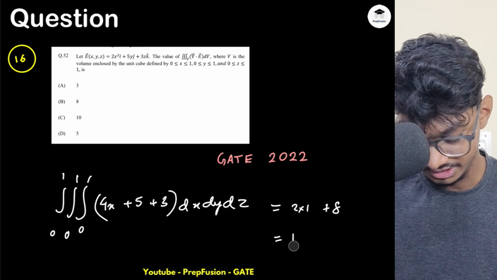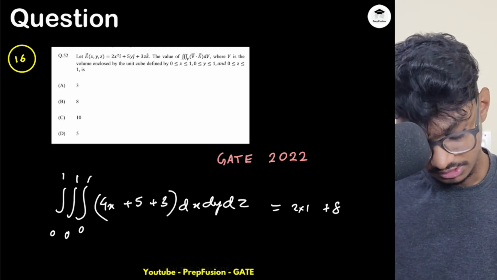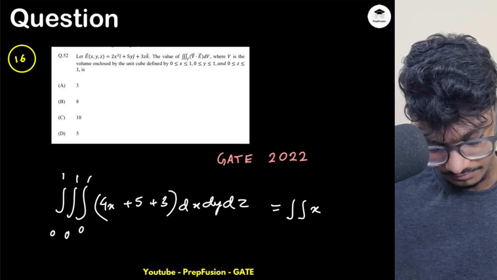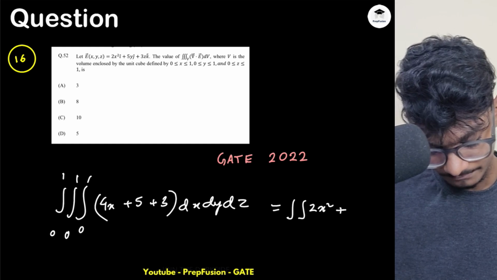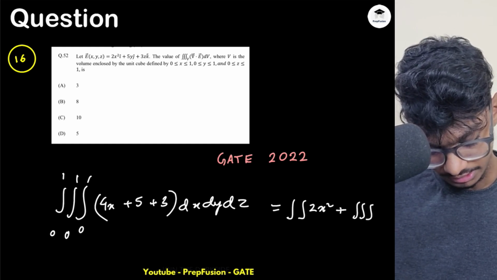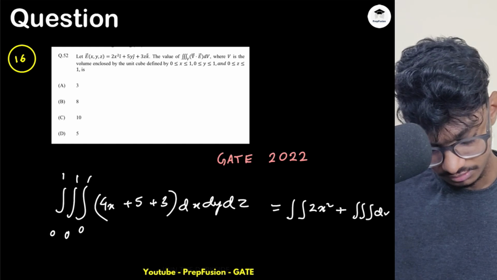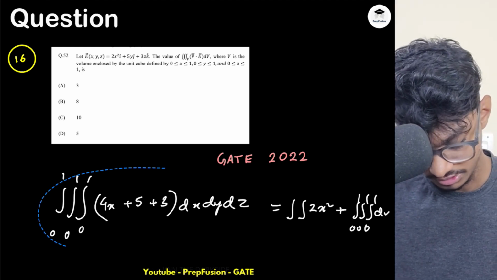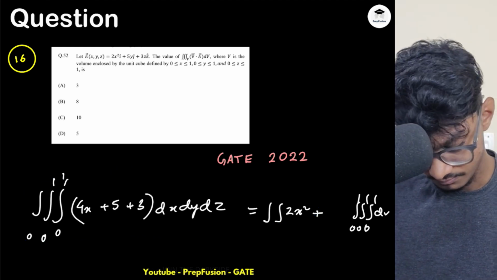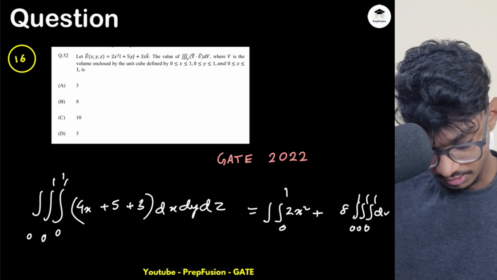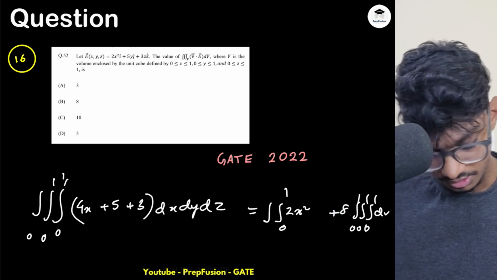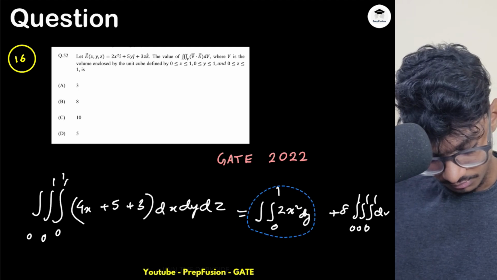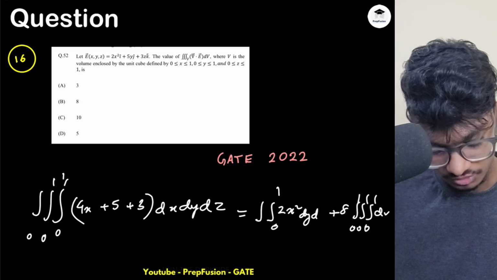I have just done it a bit fast, so I'll do it a bit slow. This will become 2x square plus the integration of dv over a cube, 0 to 1, 0 to 1, 0 to 1, and 8 is obviously there. 8 is a constant. The dx I have already integrated, so here only dy and dz are there, and the x value is already given.